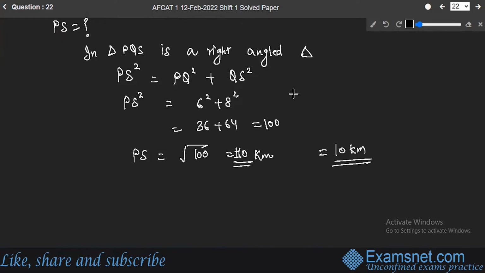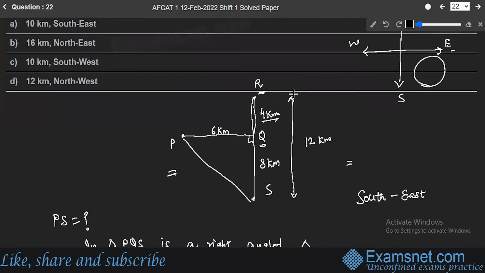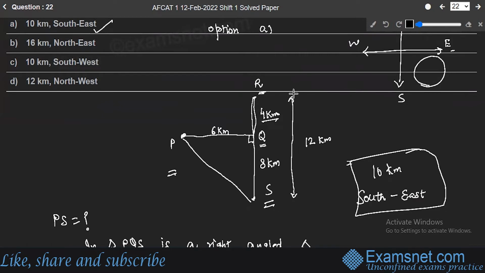So hence S point is 10 kilometers in the southeast with respect to P. Hope this is clear. So option A is your answer.